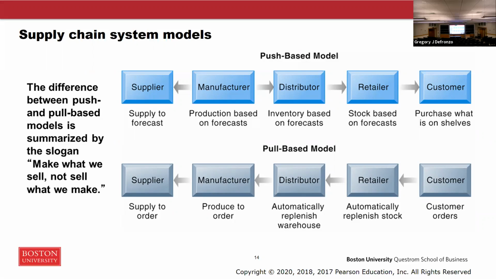So push-based is really based on forecast, data, inventory levels, and setting reorder points. The pull-based is really based on a customer or a business-driven transaction. Think about luxury boats and vehicles, right? They're almost custom-made, and that would be more like a pull-based.